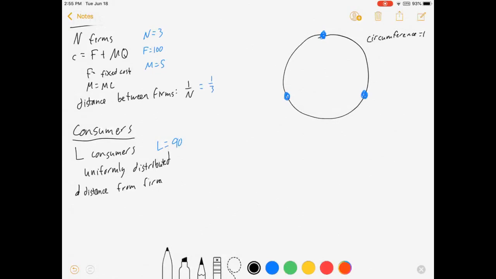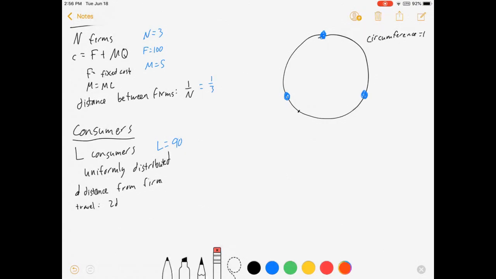So for instance, if I have a consumer who lives here, and he lives that far, that would be D. That would be D to get to that firm. That would be the closest distance to a firm. And then we could go farther. How far do they have to travel? 2D. It's a round trip. They go there, and then they go back.